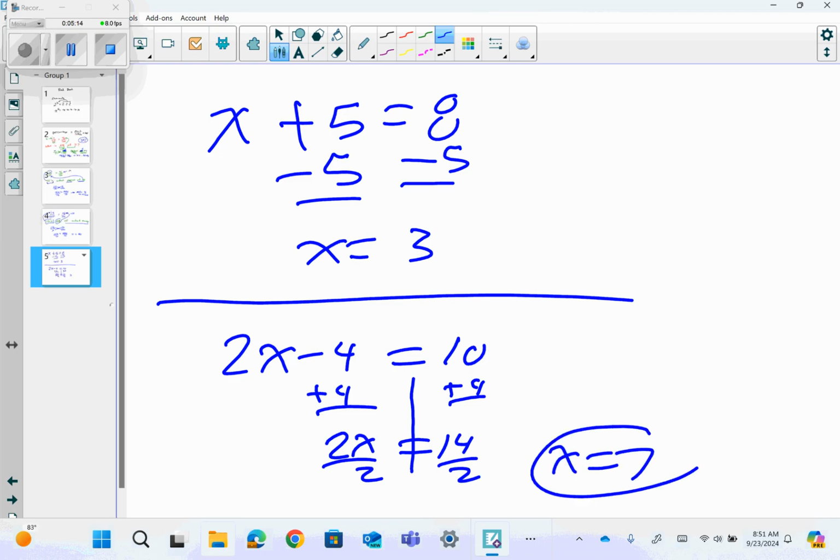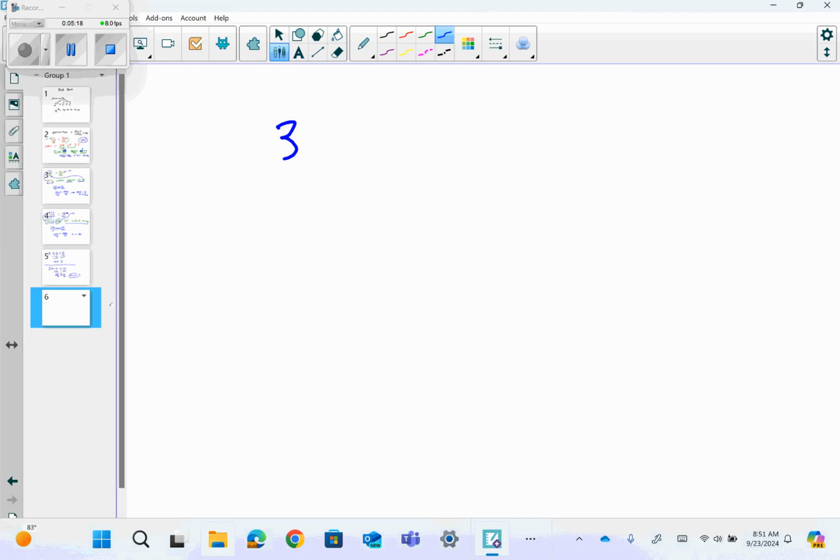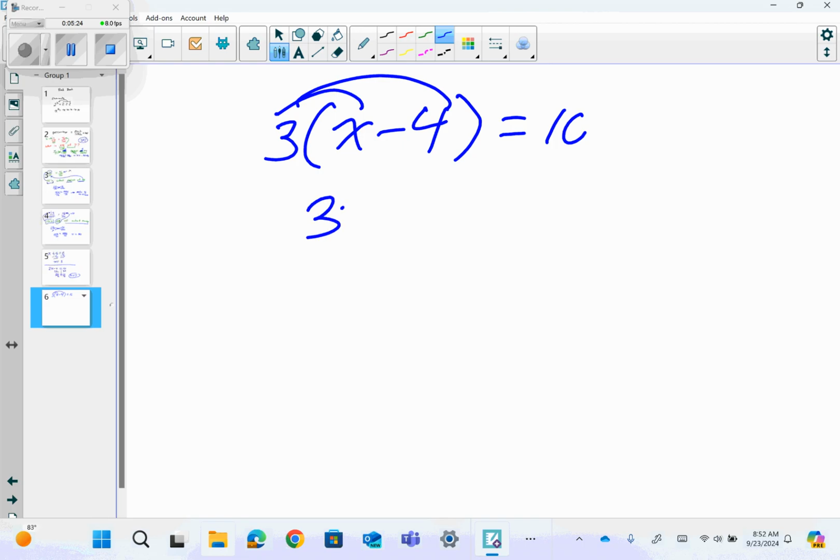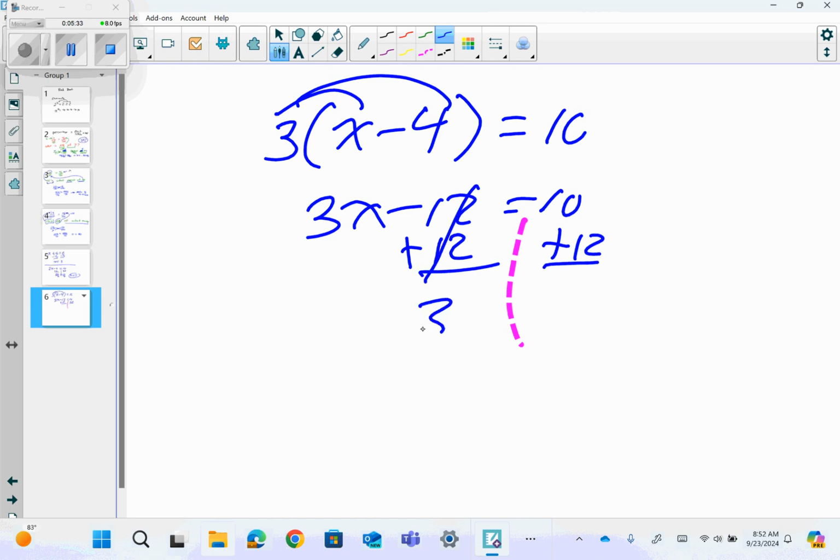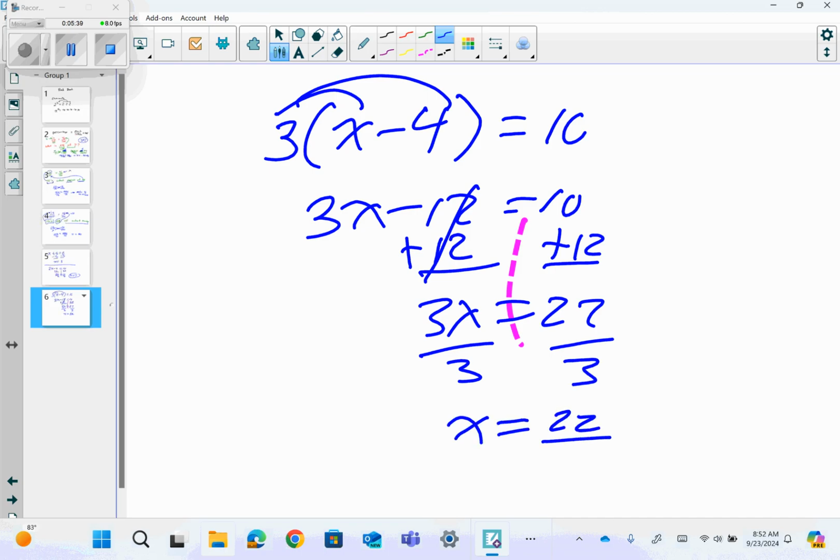So x equals 7. If I had some parentheses, like 3 times the quantity x minus 4 equals 10, distribute first, so you get 3x minus 12 equals 10, and then add 12 to both sides. That's 3x equals 22, divide by 3, so x equals 22 over 3. You can leave it like that or make it a decimal, it's okay.